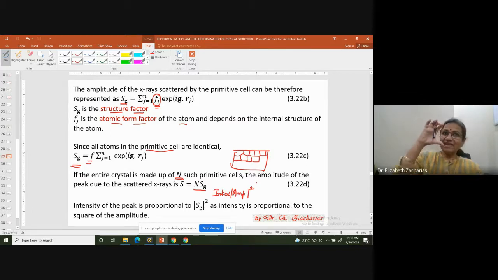Those peaks are the intensity of the reflected X-rays. The height of the peak represents the intensity. The largest peak means the largest intensity. So we will take the structure factor, square it, and that gives you the intensity of the reflected wave.